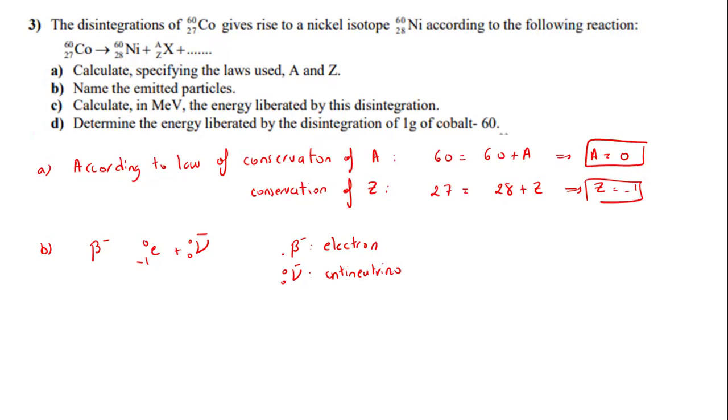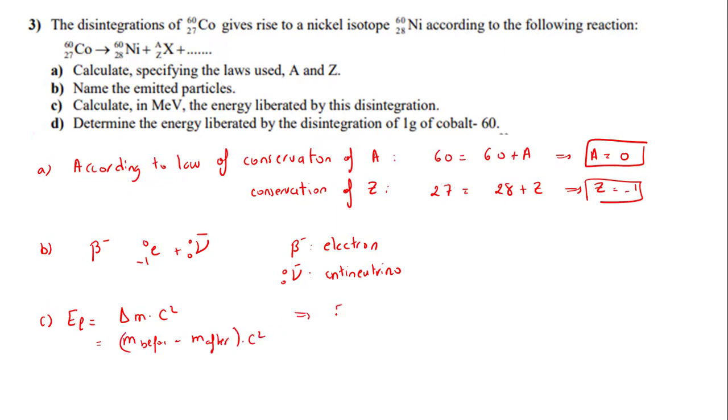Now calculate in mega electron volt the energy liberated by this disintegration. In order to find the energy liberated, it's the disintegration of 1 cobalt, okay? I'm working on one nucleus, not a sample here. So it's equal to delta M times C square, which means mass before minus mass after, all multiplied by C square.